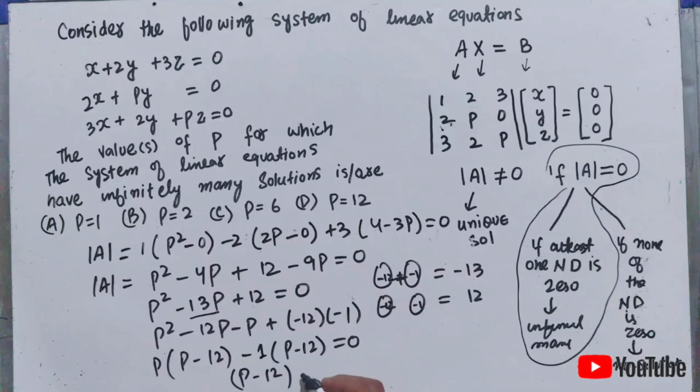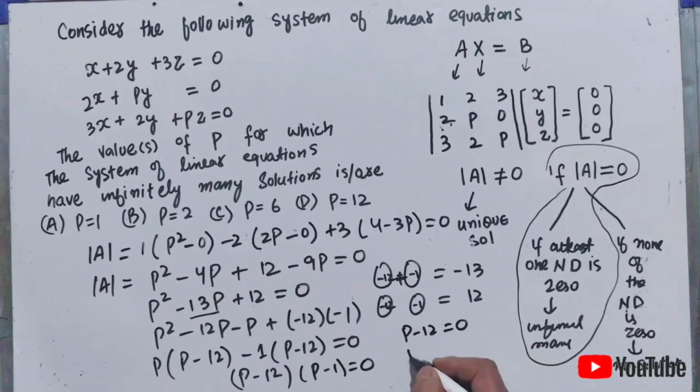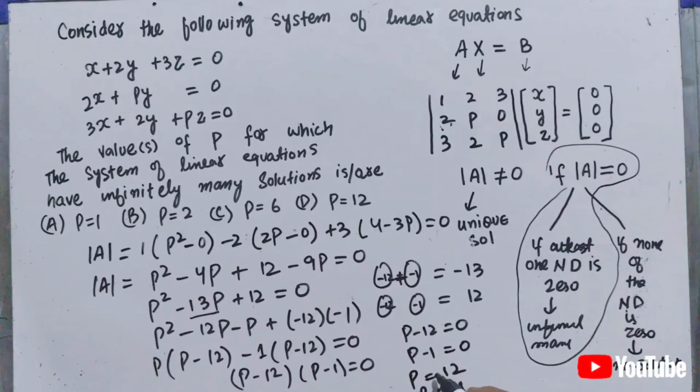Okay, so then we are left with p minus 1 should be equal to 0. That means either p minus 12 is equal to 0 or p minus 1 is equal to 0, which gives us p is equal to 12 and p is equal to 1. Okay, so the values for which the given system of equations have infinitely many solutions, for that p should be equal to 12 and p should be equal to 1.